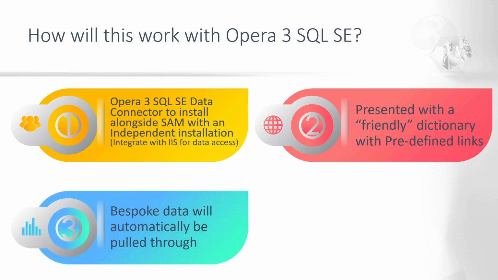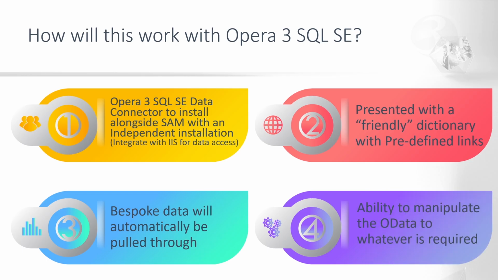Bespoke data will automatically be pulled through. So if you've got extra tables and fields that you've added via the DIT, they're going to be included and presented in that friendly manner via the OData feed. There is also the ability to manipulate the OData to whatever is required.